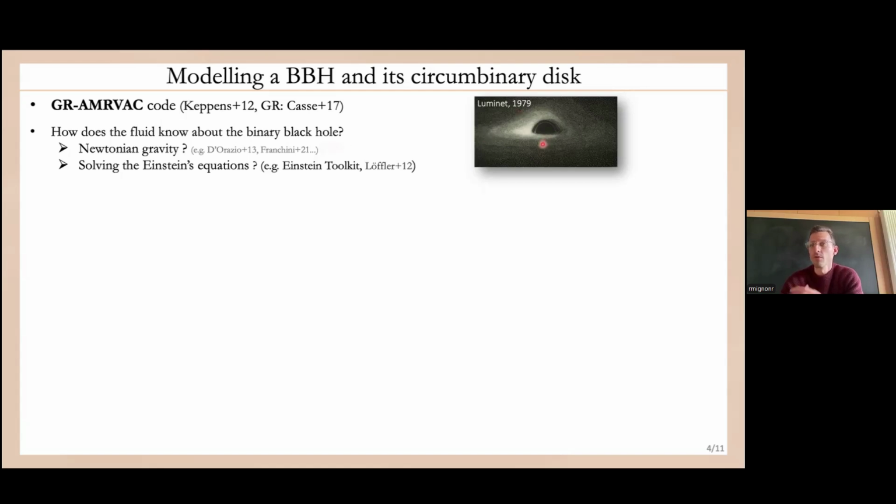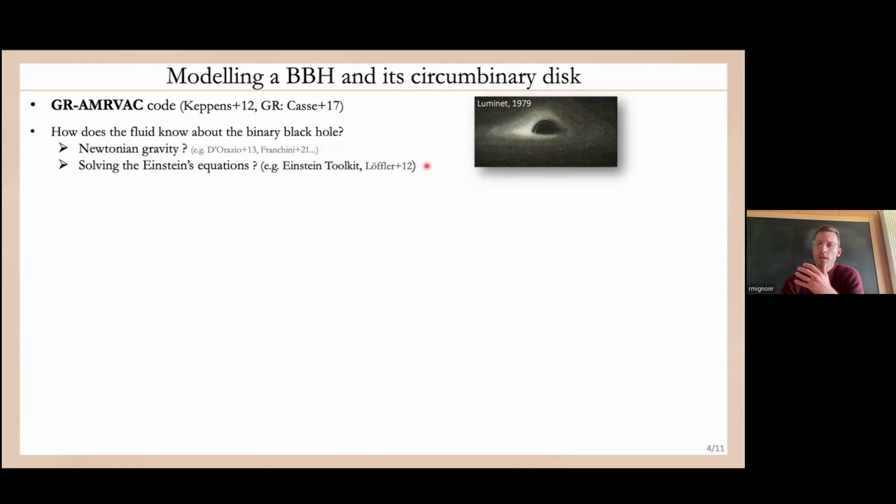Of course, something you don't have in Newtonian gravity is actually the general relativity effects that will have an impact on the gas, but also on the observations. I mean, we all are familiar with this emission map computed around a single black hole.